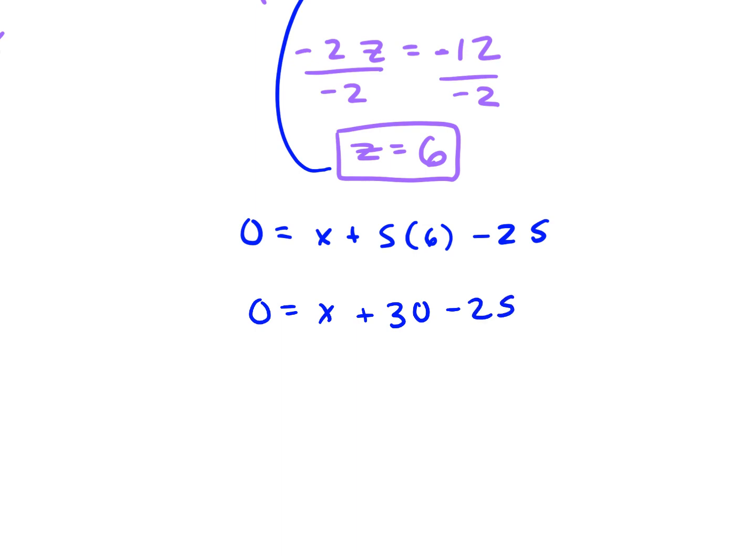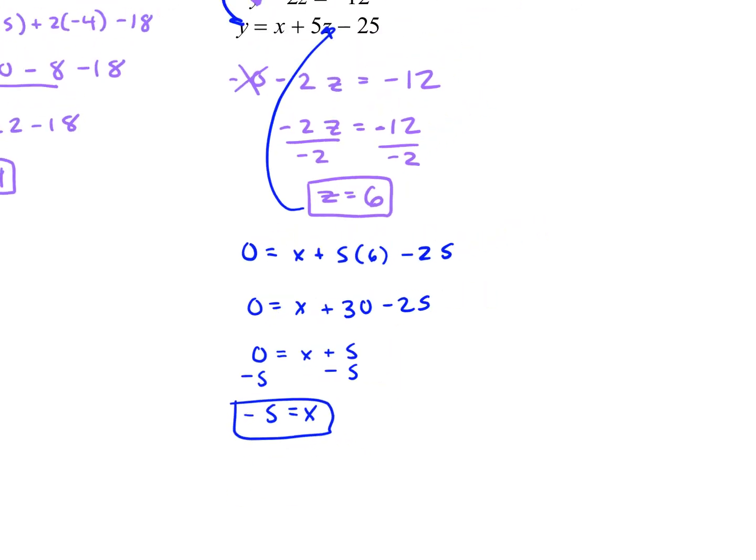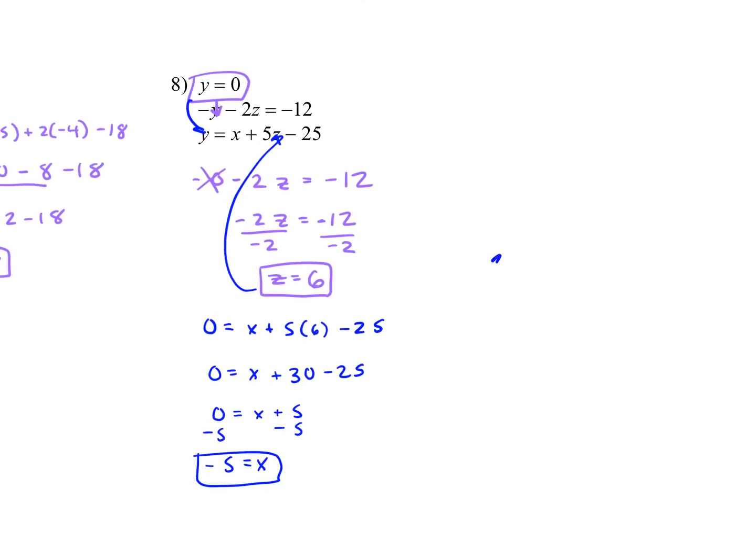Then what should I do? Combine like terms first. So what's 30 minus 25? 5. And then what should I do? Subtract 5 on both sides. So negative 5 is equal to x. How do I write my answer? Negative 5, 0, 6. Awesome.